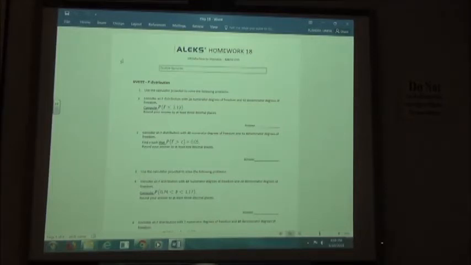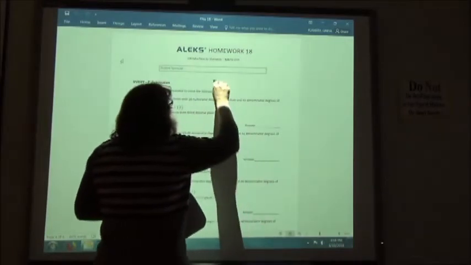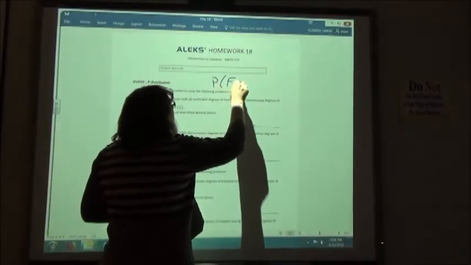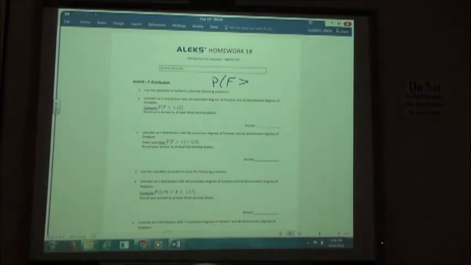Yeah, maybe that one. There we go. Okay. So on our Alex calculator, you'll see the last one is P of F. Again, the P of F is greater than, so that's going to the right. If we're doing the left, we have to do 1 minus, right?